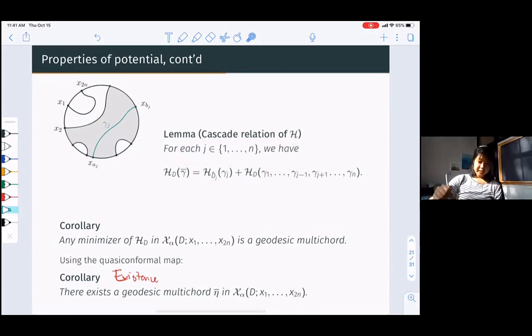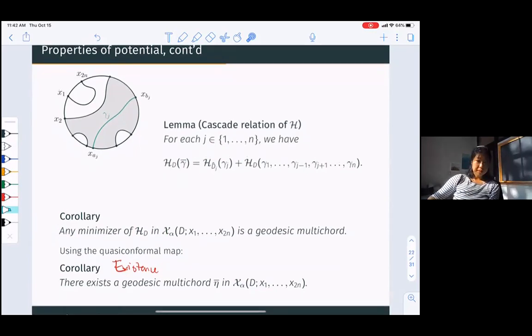This holds for any j. So if we consider a minimizer of this potential, then the second term does not depend on gamma j. Only the first term depends on gamma j. So it has to minimize the first term. The first term is minimized only when gamma j is a hyperbolic geodesic in D_j hat. And this relation also holds for any j. Then it shows that any minimizer of this potential has to be a geodesic multichord.